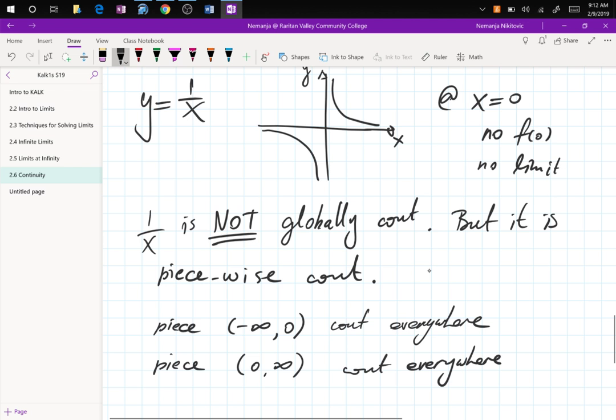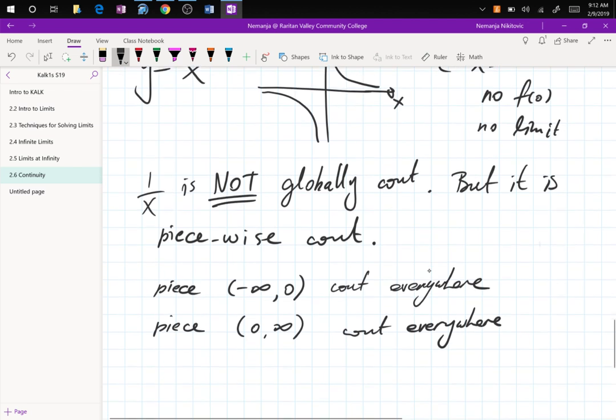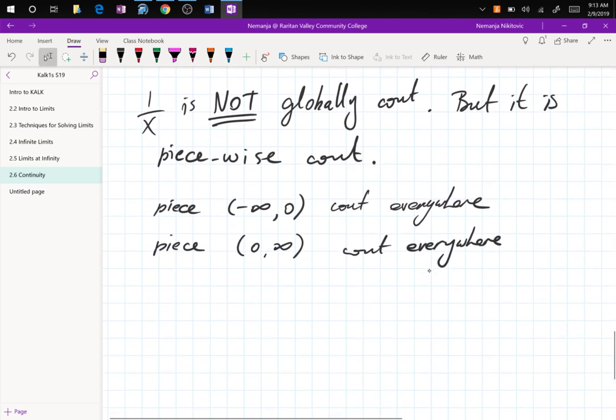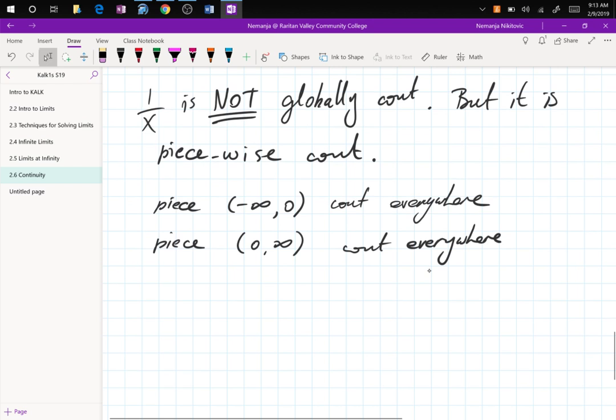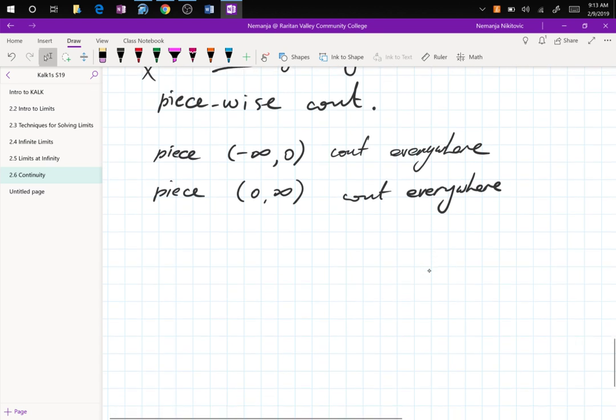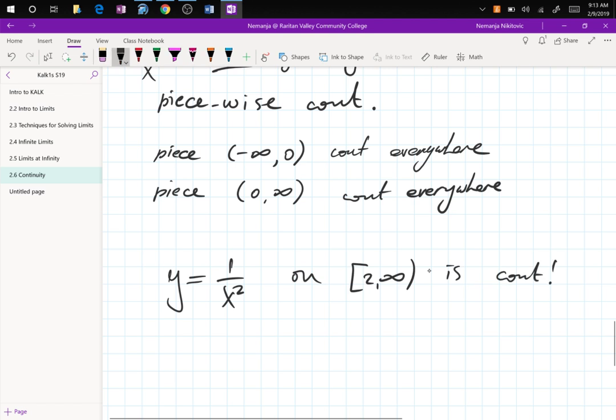Just like that Calculus 2 problem, which asked what's happening for 1 over x squared on 2 to infinity. Well, y equals 1 over x squared on 2 to infinity is continuous. You say, what? Yeah, it is.